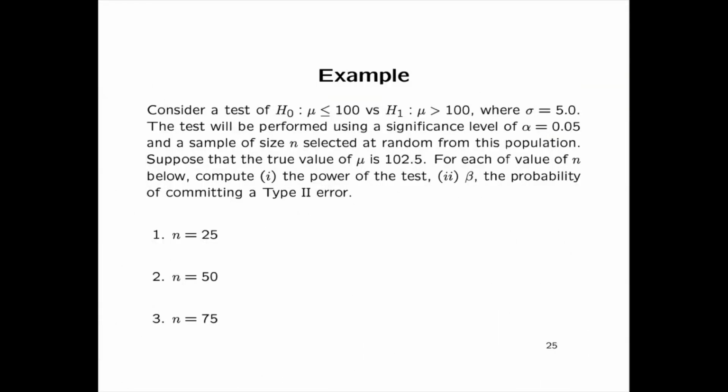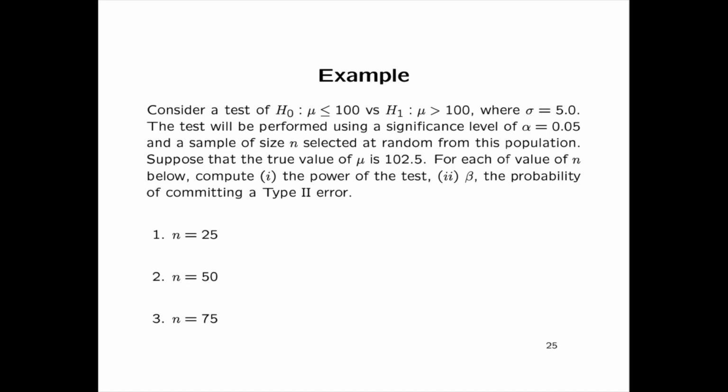Next, let's look at an example that demonstrates how the power function and the beta function depend on the sample size. So consider again this test we've been looking at, where the null hypothesis says that mu is less than or equal to 100, against the alternative hypothesis, which says that mu is greater than 100.